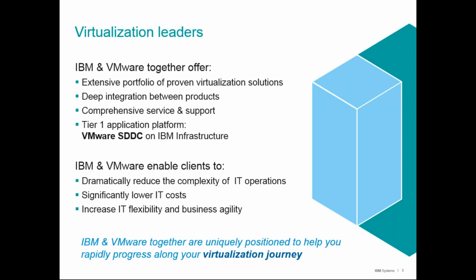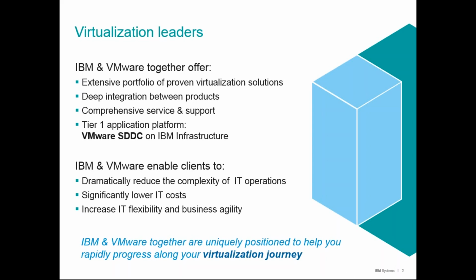We deliver 3 core things that I think we want to emphasize, right? One is to continue to dramatically reduce the complexity of IT operations today, right? A lot of that is due to abstraction, automation, and virtualization. Secondly, significantly lower IT costs, right?